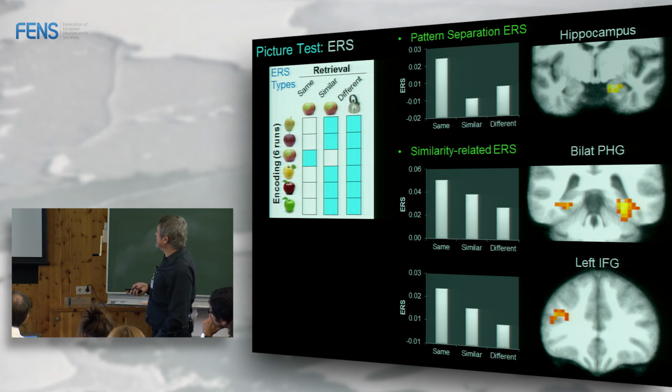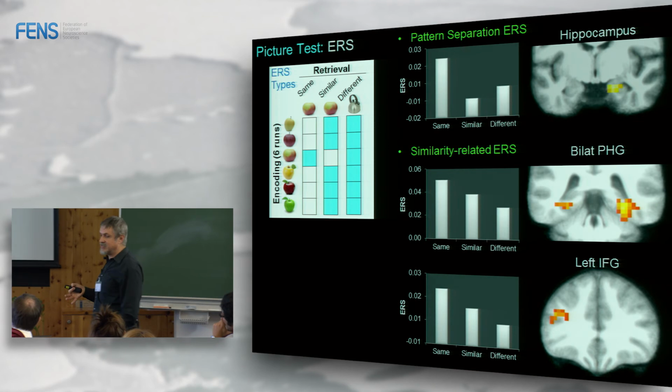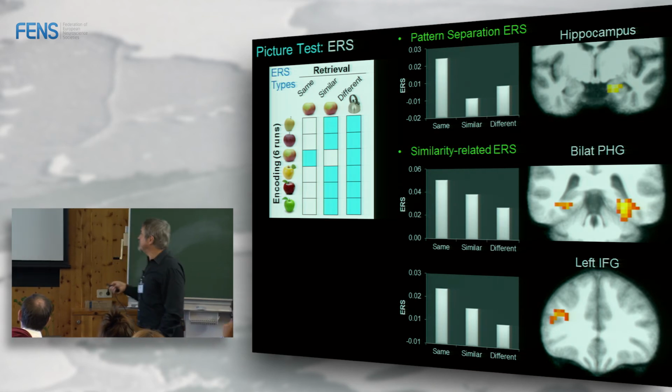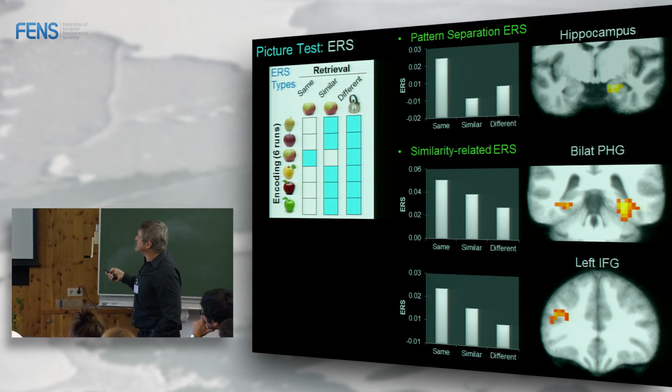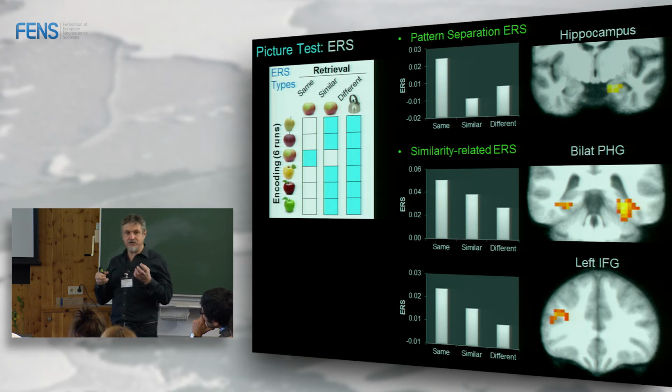What we found is that the hippocampus was showing a pattern that resembles what has been called pattern separation. In the hippocampus, encoding-retrieval similarity was greater for the same than for both the similar and the different. So the similarity between one apple and the same apple was greater than to a similar apple.